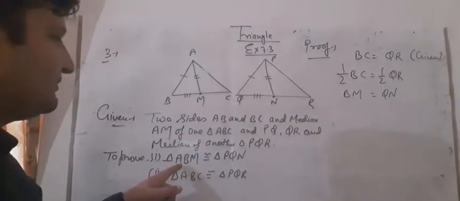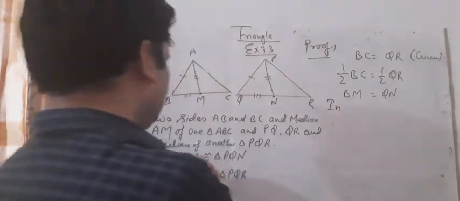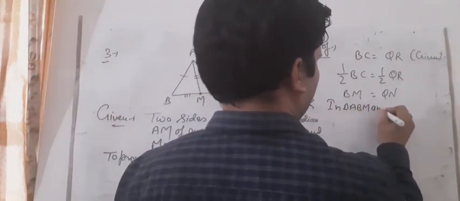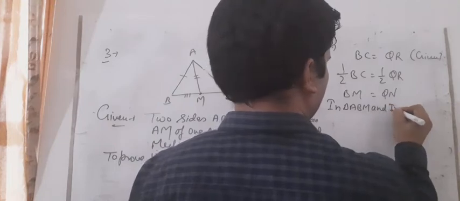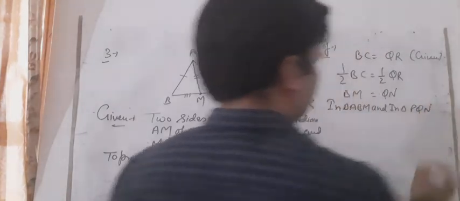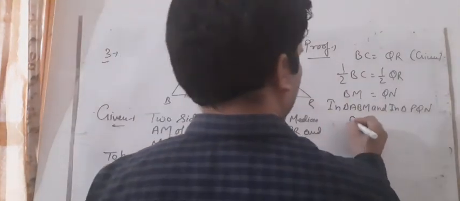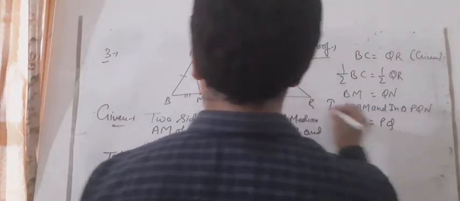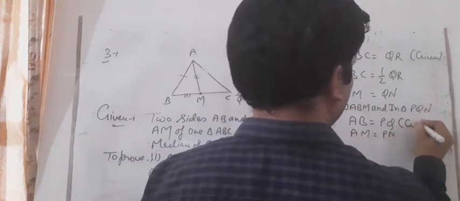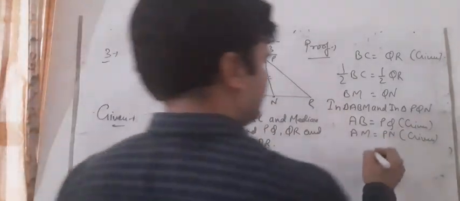So now what do we have to prove? Triangle ABM is congruent to triangle PQN. So we will take two triangles, triangle ABM and triangle PQN. All the things are given, so we can write AB is equal to PQ, AM is equal to PN, which is given, and BM is equal to QN.